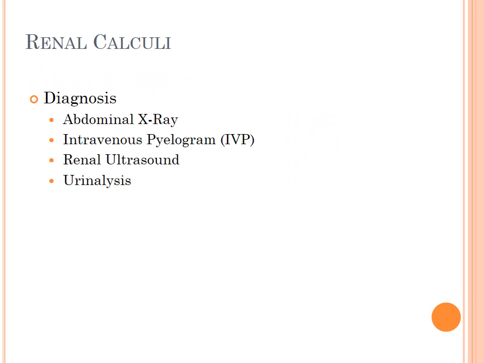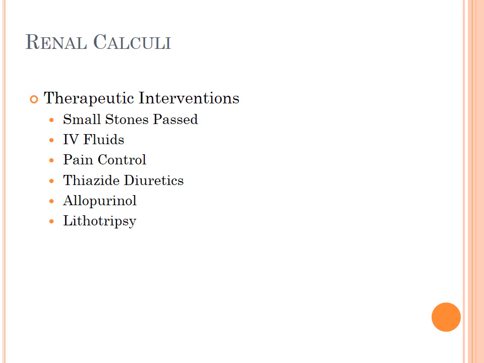Diagnosis of kidney stones occurs with abdominal x-ray or IVP, renal ultrasound, or urinalysis. Treatment includes that small stones may pass on their own, without any intervention. Other times, if it's bigger, they might have to do a lithotripsy, which we'll see on the next page.